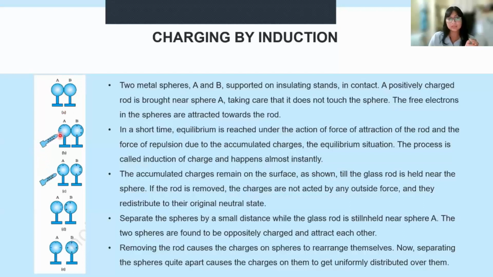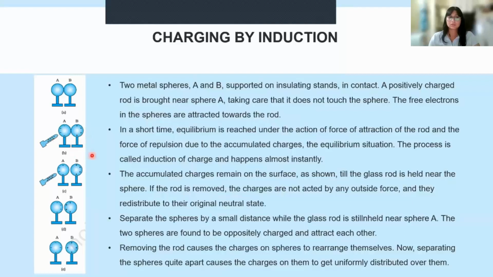But when you bring this positively charged rod towards sphere A, all the negative charges are going to get attracted towards the side where the positive rod is. And all the like charges, the positive charges, will get repelled and will go to the other end.